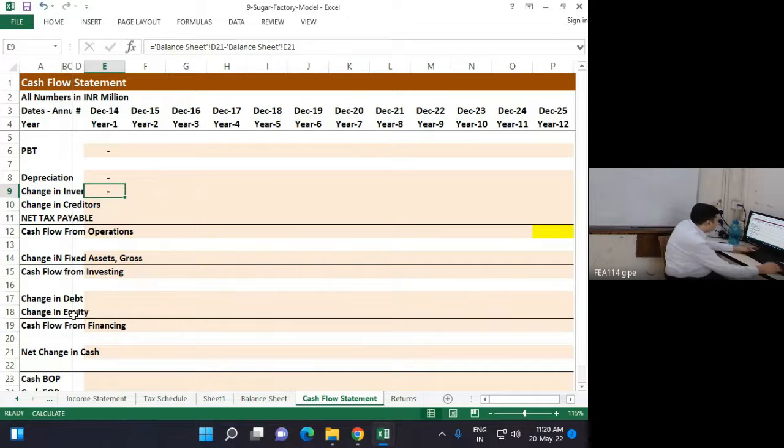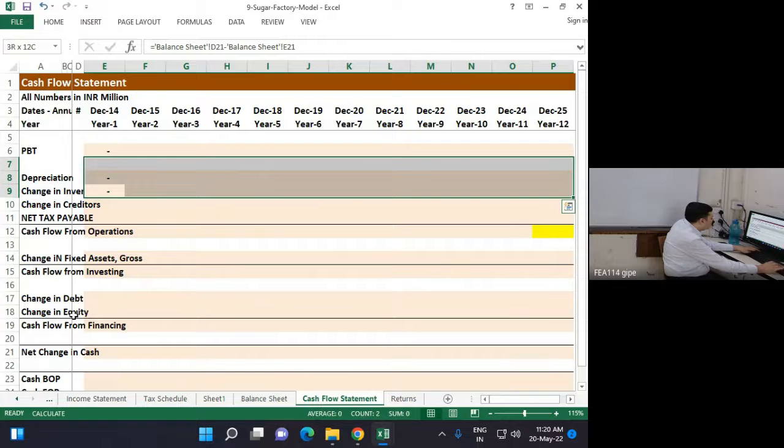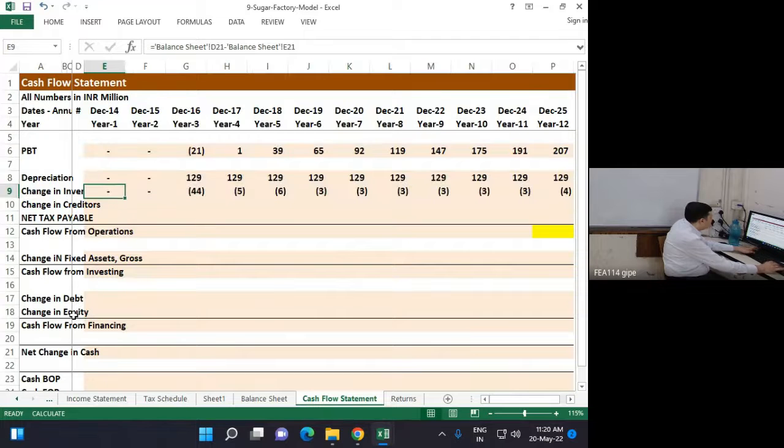Old minus new for asset. Yes. So if I drag the number, they look something like this. So throughout the life, money is getting blocked in inventory. Then change in creditor.